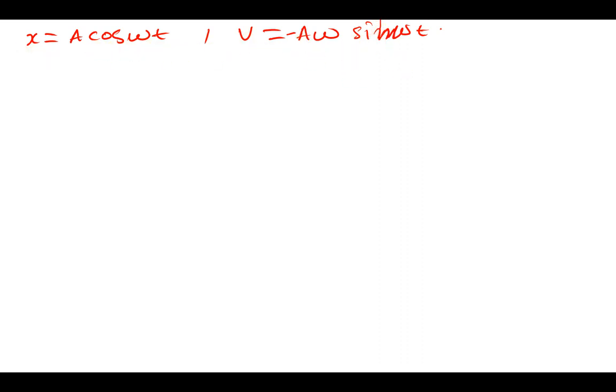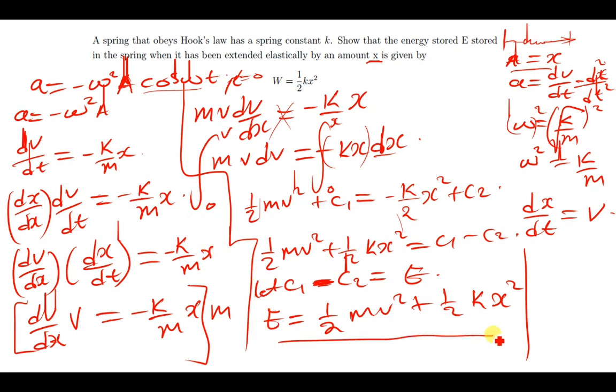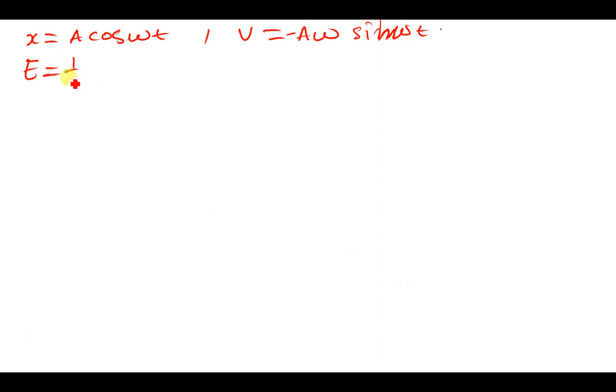After writing that, we can replace this in the formula. We had the formula E is equal to half mv squared plus half kx squared. So for x we put a cos omega t, and for v we put negative a omega sine omega t.